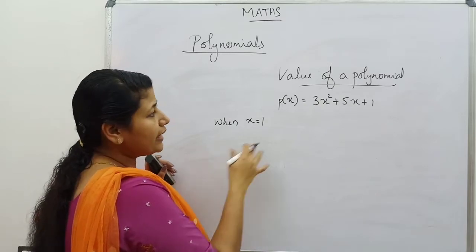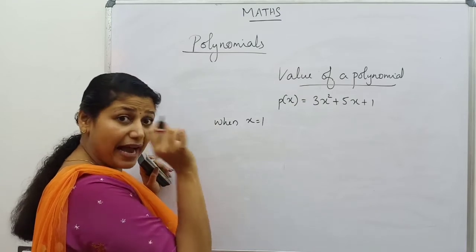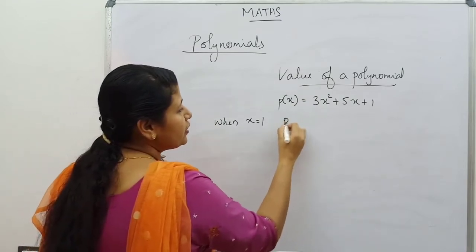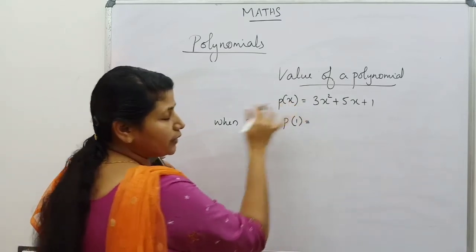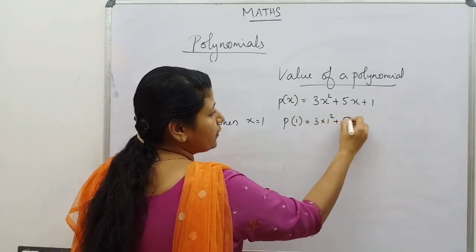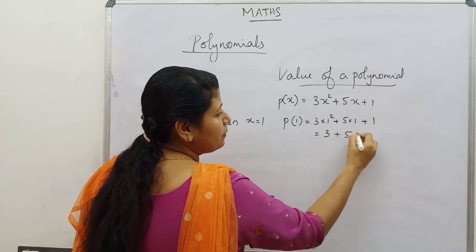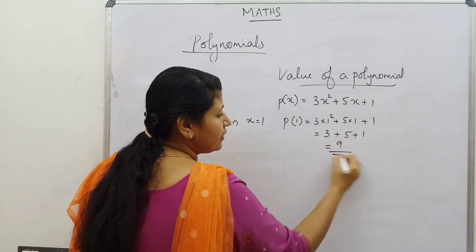We will find the answer for this p of x, which will be the value of that polynomial at that point. When we substitute 1 for x, it will be 3 into 1 square plus 5 into 1 plus 1, which is 3 plus 5 plus 1, which will be 9.